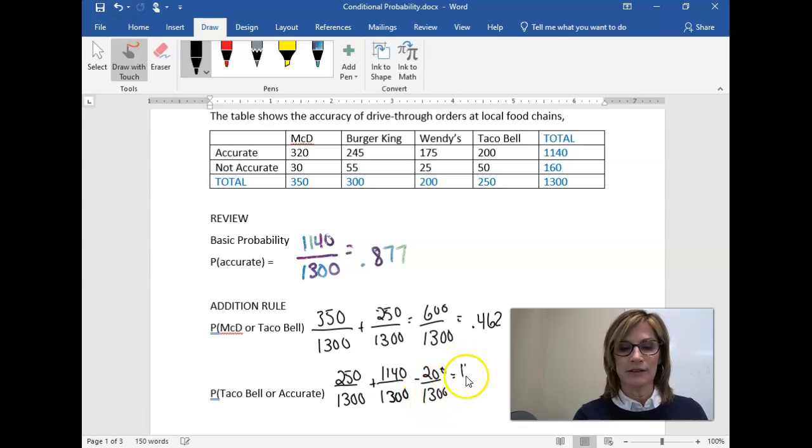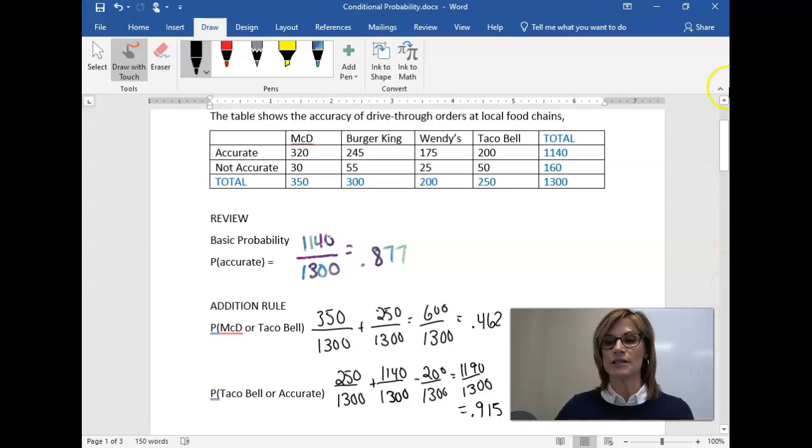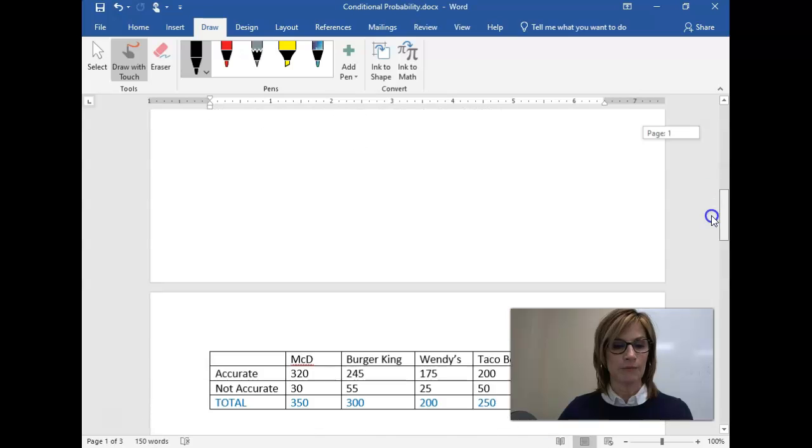So that's 1,190 over 1,300, and you can change that to a decimal, 0.915. Okay, so far everything that we have done is just a quick review of how to use a table.